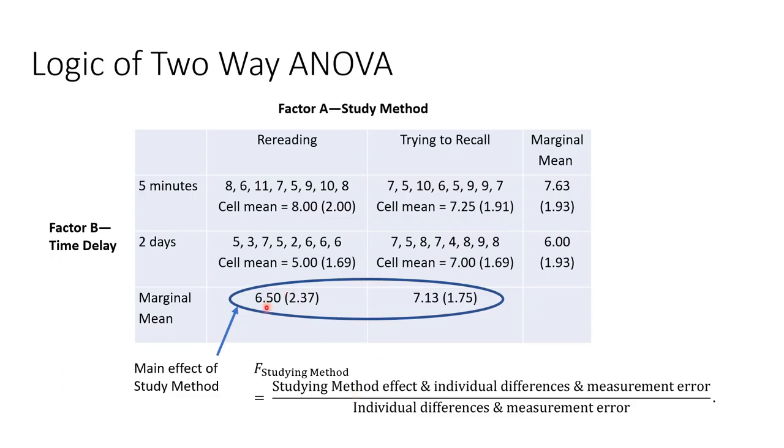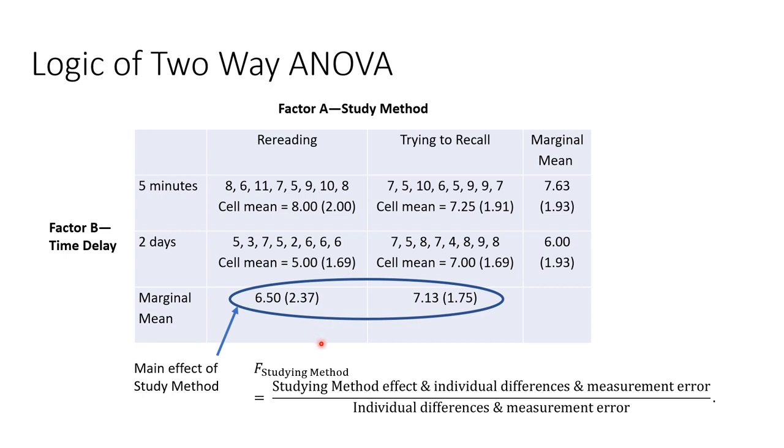So literally what we're comparing is this mean of 6.5 to this mean of 7.13. The greater these two marginal means for the study method main effect differ from each other, the bigger their difference, the bigger this numerator would be, and you'd have a better chance of getting a higher F value.